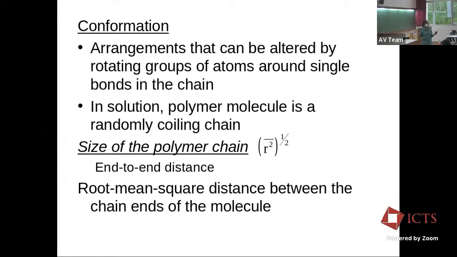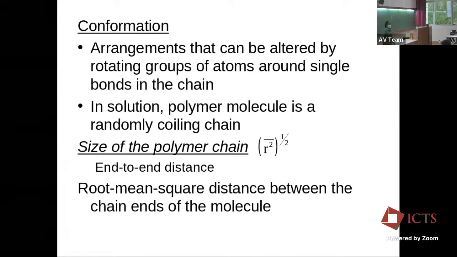So it's a statistical property: the mean square end-to-end distance. If you just sum it up it will become 0, because all orientations are equally probable. So we determine the mean square end-to-end distance, which maybe you should go and try to determine.